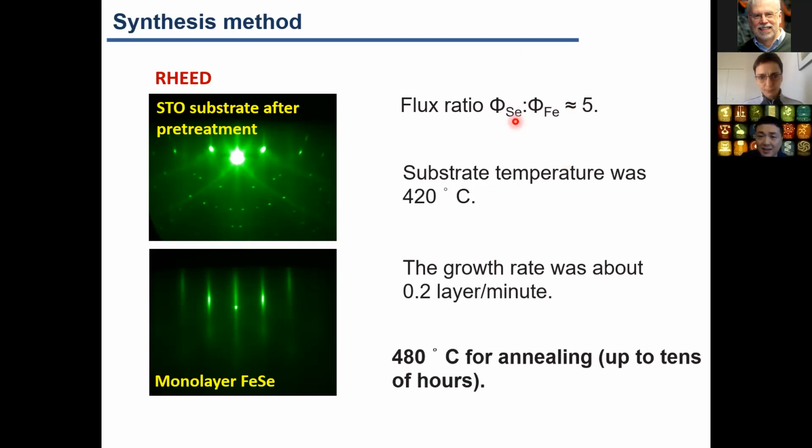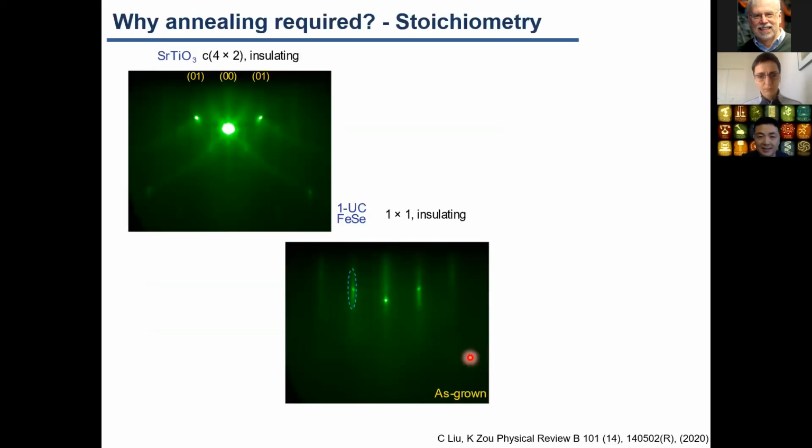Because in theory, any extra selenium should be evaporated immediately, so at the end you should always get a stoichiometric iron selenide film. But in reality, that seems not to be the case, because the film is not superconducting if you don't anneal it. So in order to test what's going on, we developed an experiment.